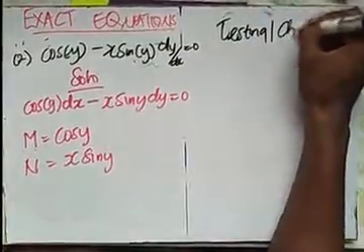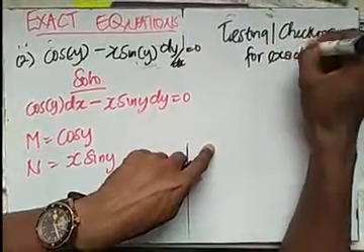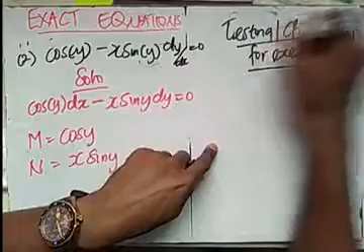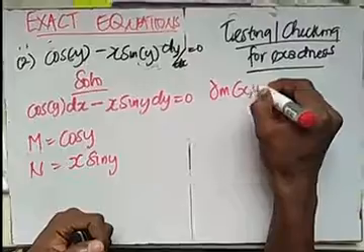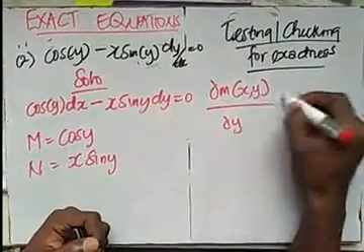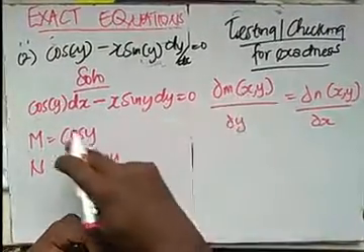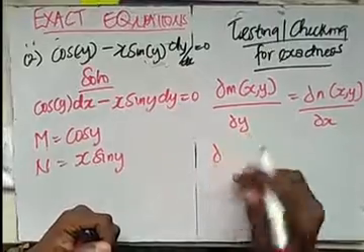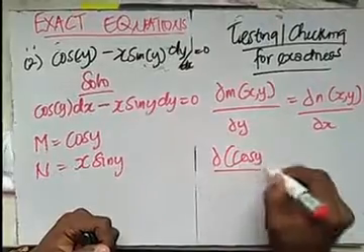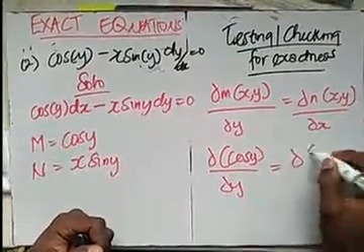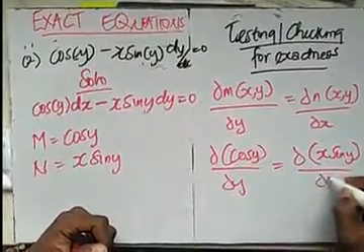Testing for exactness can be given as the partial derivative of M over y equals the partial derivative of N over x, where the partial derivative of cos y over dy equals the partial derivative of minus x sin y over dx.